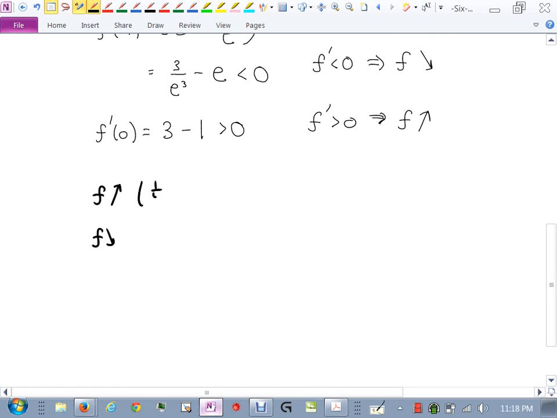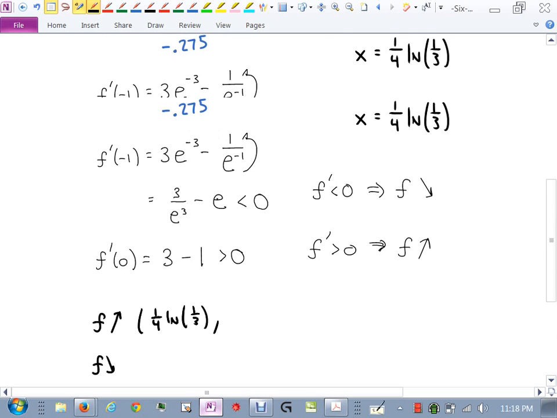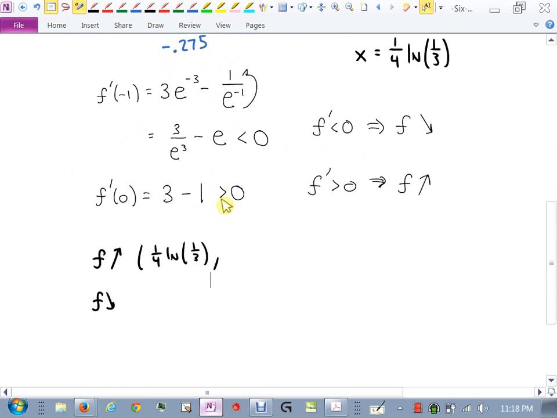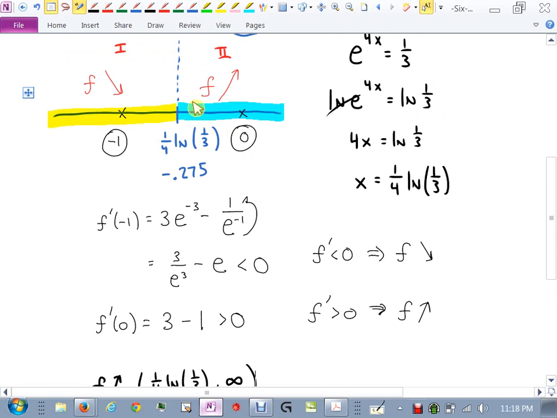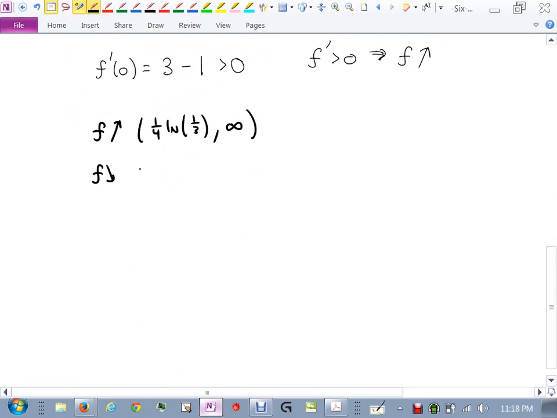So from 1/4 natural log 1/3 all the way forever to the right, to infinity. And then to the left of this means from negative infinity all the way until you get to that 1/4 natural log 1/3. And that's it for that.